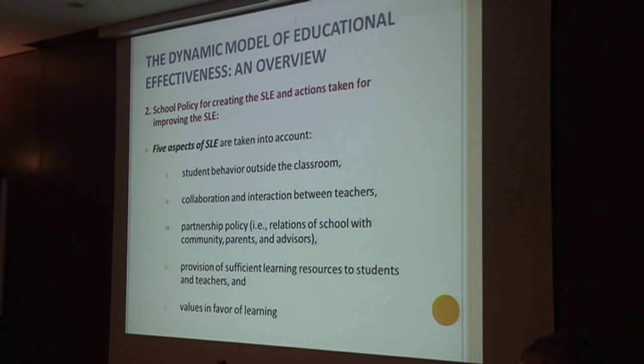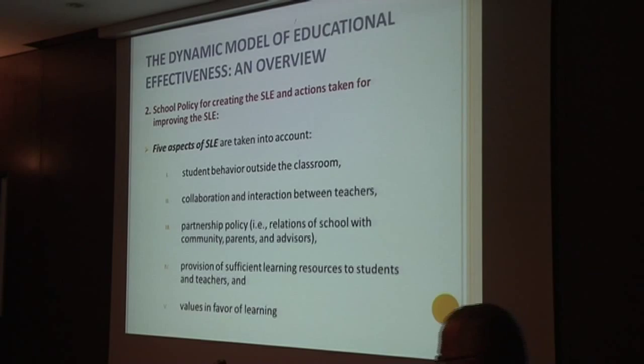The same with partnership policy. It is not only seen from the perspective of how the school learning environment can be improved by developing a more effective partnership policy, but also how the home learning environment can be improved through the actions that can be taken by the school management team.